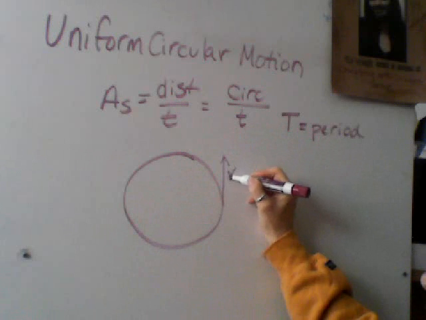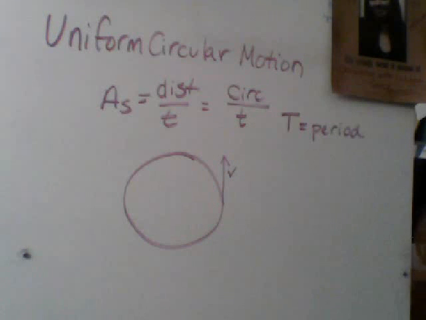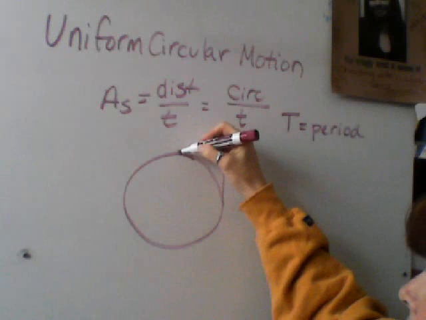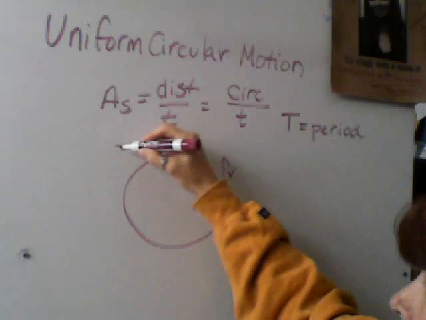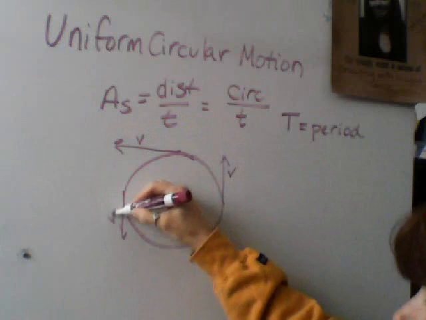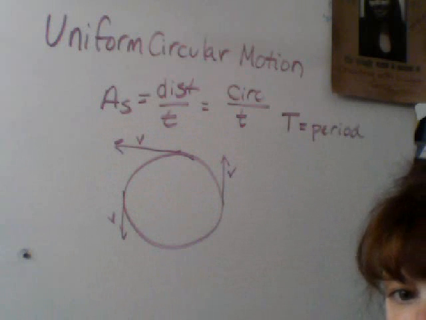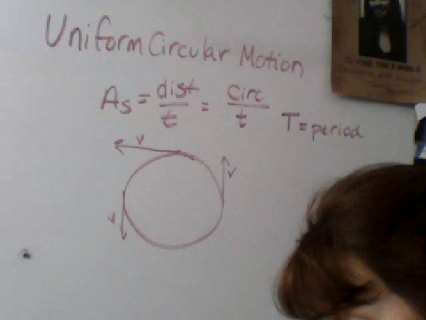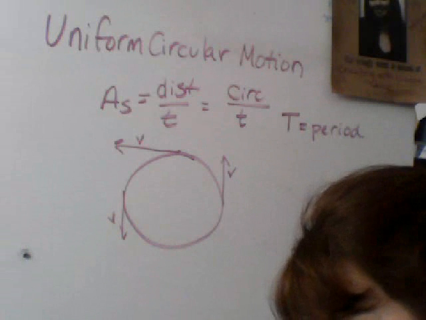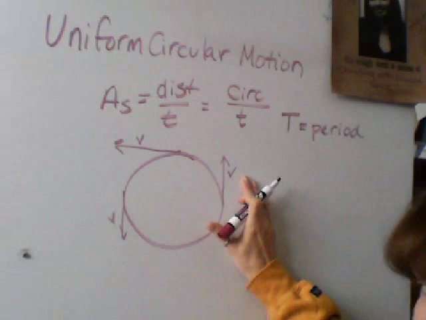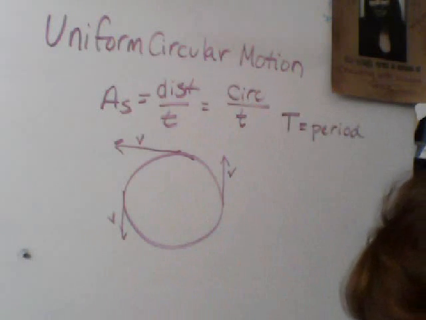So the velocity vector is actually perpendicular to our circular motion. So at any point on the circle, if it was not moving inward, the object would travel in a straight line perpendicular to the circular motion according to Newton's first law. So the direction of the velocity can also be described as tangential. So it travels in a tangent.